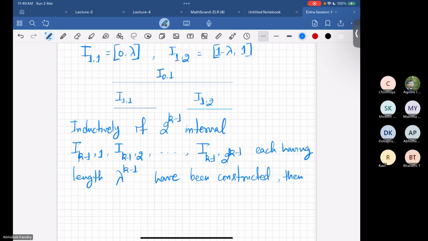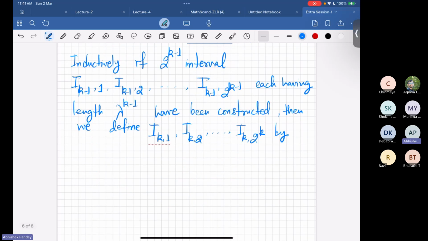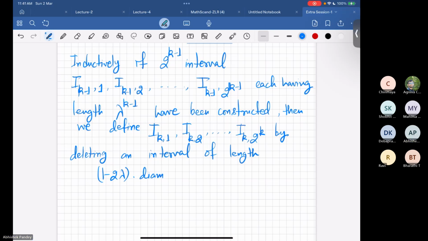Then we define I k comma 1, I k comma 2, and so on, I k comma 2 to the power k, by deleting an interval of length 1 minus 2 lambda, and into the diameter of, basically, so this is basically at the k and k minus 1 stage jth interval.